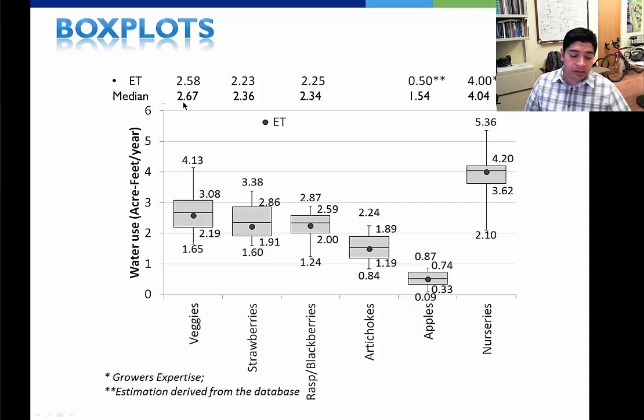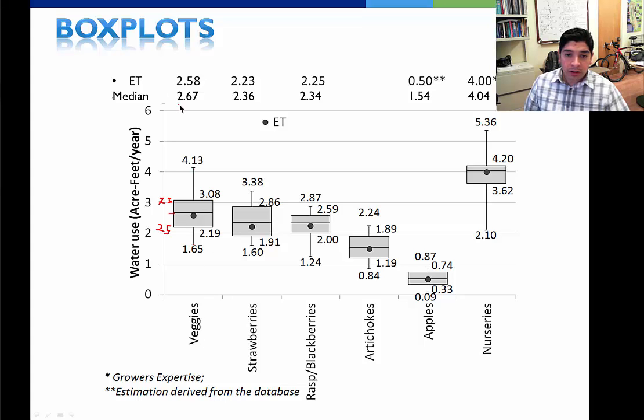This is something that you have already seen for the evapotranspiration for, in this case, different crops in Pájaro Valley. What this tells you is this is the median value, this is the 75th percentile. Below here we have the 25th percentile. And this is the minimum value and this is the maximum value. What does this mean?